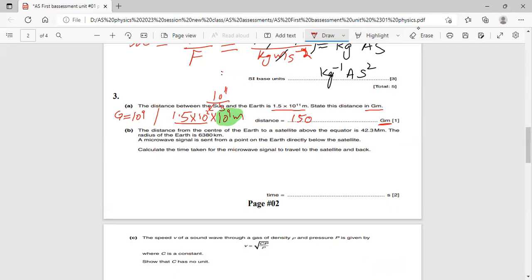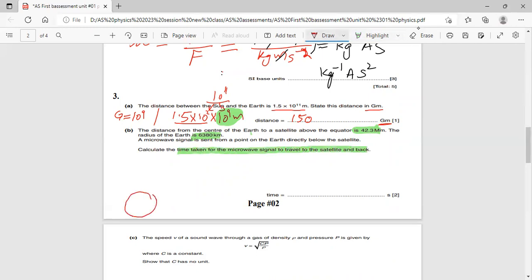The next question is an analytical one. It says that the distance from the center of Earth to the satellite above the equator is given. And then the radius of the Earth is given, and a microwave signal is sent from a point on Earth directly below the satellite. Calculate the time taken by the microwave signal to travel to the satellite and back.